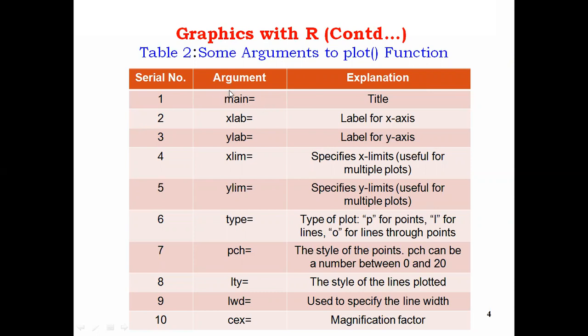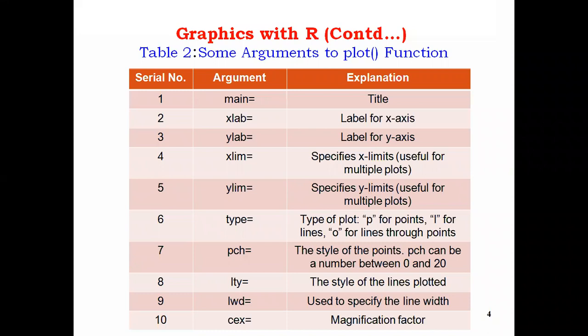Now you see the argument main equal. What is the meaning of this main equal? That means we are going to write the title. Suppose we are going to draw a diagram, a bar diagram or subdivided bar diagram or multiple bar diagram. When we plot this diagram in our window, we give there the name of the plot.